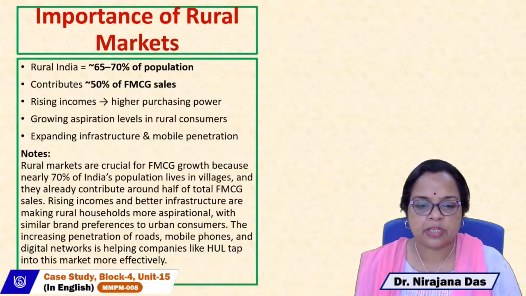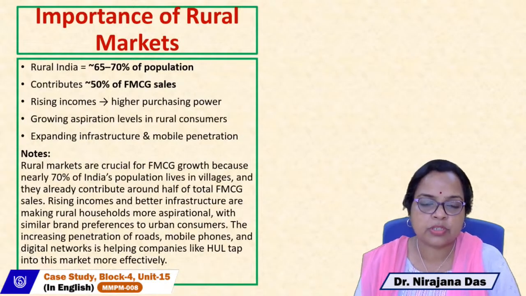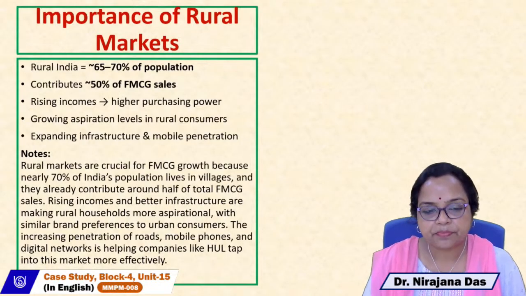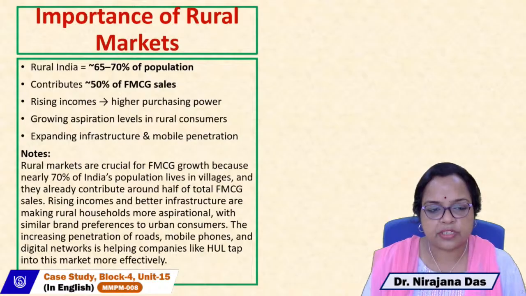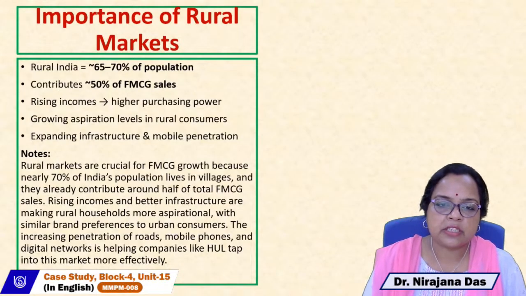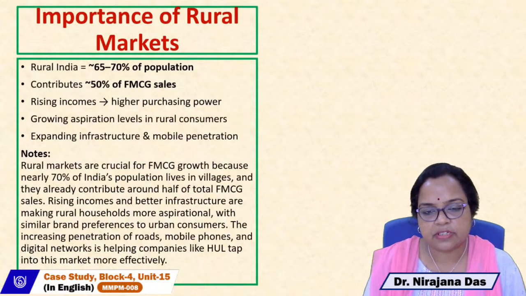Urban buying behavior is getting closely matched in the rural market. The increasing penetration of roads, mobile phones, and digital networks is helping companies like HUL tap into this market more effectively. Previously the situation was different. Now the situation is in a different state.